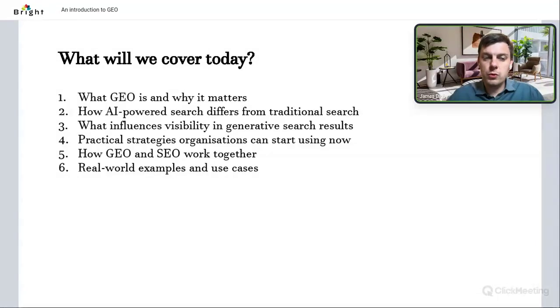And then we will talk a little bit about GEO and SEO, because it's important that you don't just focus on one and damage the other. So we'll go into a little bit of detail around that. And then just to help you understand how it could apply to your type of organization or your situation, we'll go through a couple of real world examples and use cases where different organizations could be applying GEO to help their marketing.